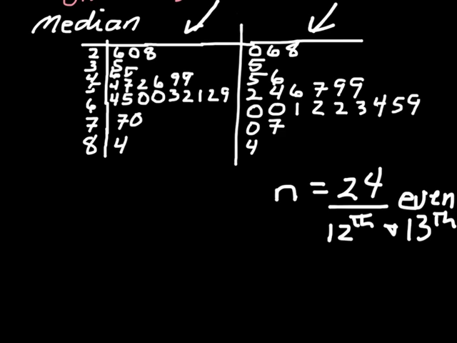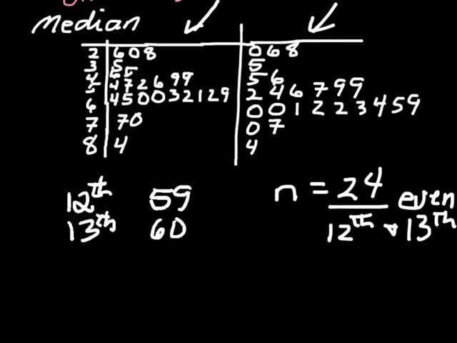So the 12th data is 59, and the 13th one is 60. And so the middle value, because this is an even set, is going to be halfway between those, which is 59.5. So that is considered the median.